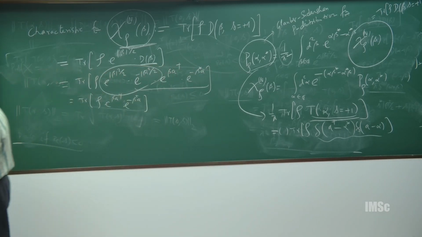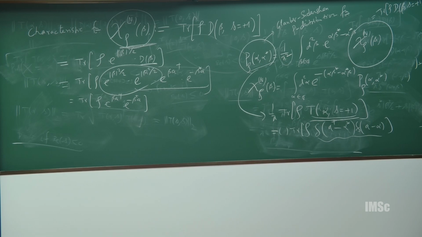Okay, good. So, now let us talk about the Wigner distribution. This we talked about earlier also, but now in a systematic manner. So, this is again corresponding to symmetric ordering. Okay.